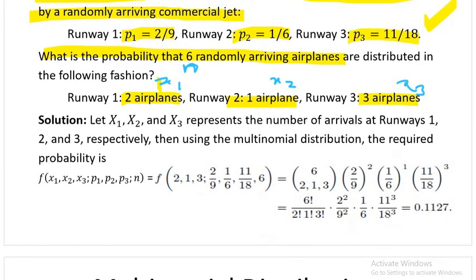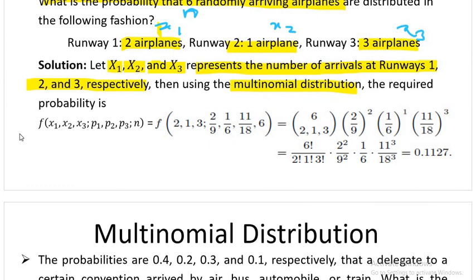All right. So now my random variables x1, x2, x3 represent the number of arrivals at runway 1, runway 2, and runway 3 respectively. Then using the multinomial distribution, I can answer this.